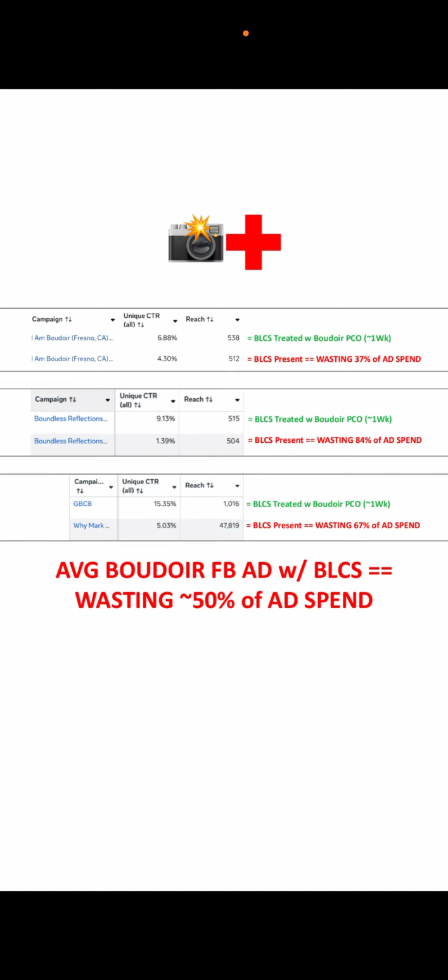Not as many people buying anymore. And you want to actually get your Boudoir Facebook ads treated with Boudoir Pico so that you can save on average 5K a month. We can recoup those costs. We can eliminate that wasted ad spend, put 5K a month back in your pocket, kind of as like a hidden profit, approximately 60 grand in the first year.